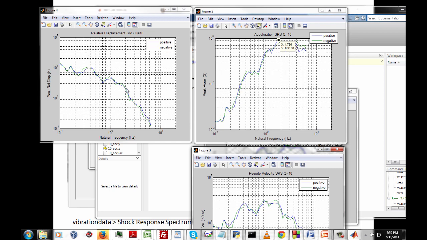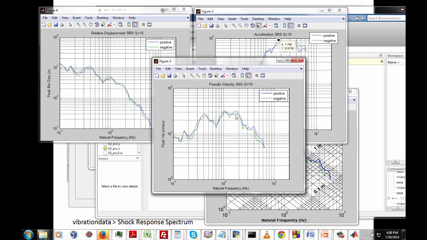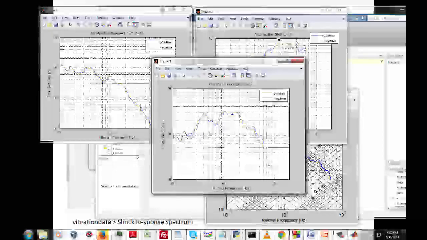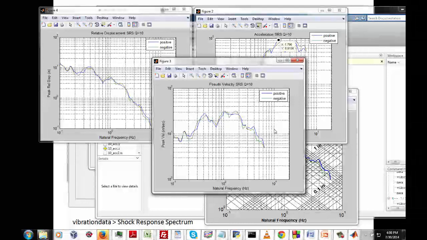So particularly in this region, if we have changes in natural frequency, there are large changes in relative displacement, and particularly in this natural frequency domain here, the absolute acceleration response changes rapidly with natural frequency, whereas with pseudo velocity, the two curves tend to remain more stable.